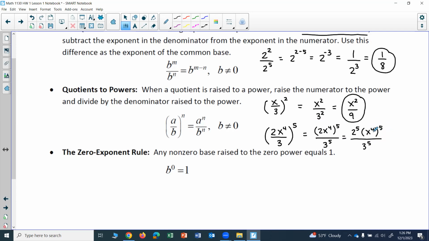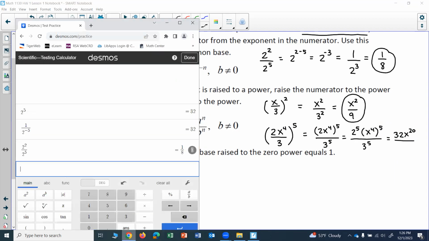And now I have the rule from the first video where we have a base to a power raised to another power. I multiply those two exponents. And so this would become 2 to the 5th, which is 32, x to the 20th, because 4 times 5 is 20, and then 3 to the 5th, which if you're not sure what that is, you can pull up your calculator and put it in. 3 to the 5th power, we get 243.